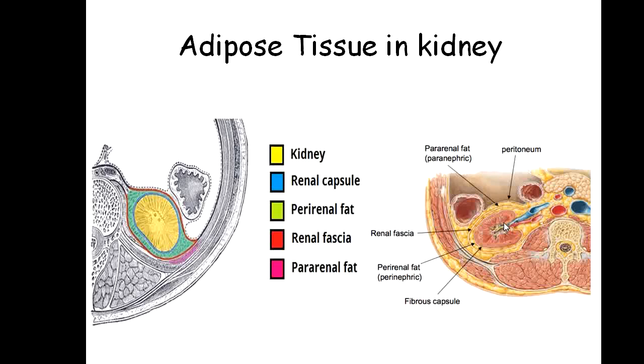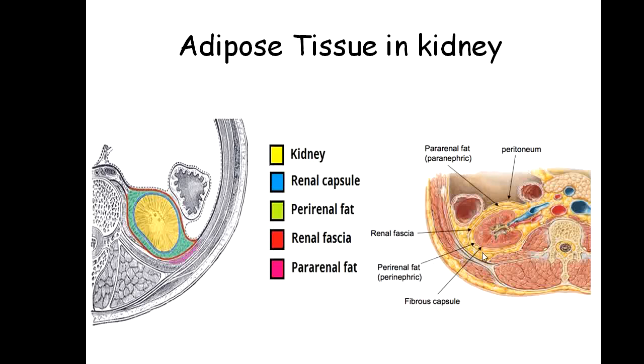This is the actual diagram. In this actual diagram, this is the transverse section of the kidney, and in this transverse section you can see that the first layer is the renal capsule, this is the renal adipose, and after the renal adipose, this small fibrous layer is the renal fascia, which connects the kidney with the other organs.